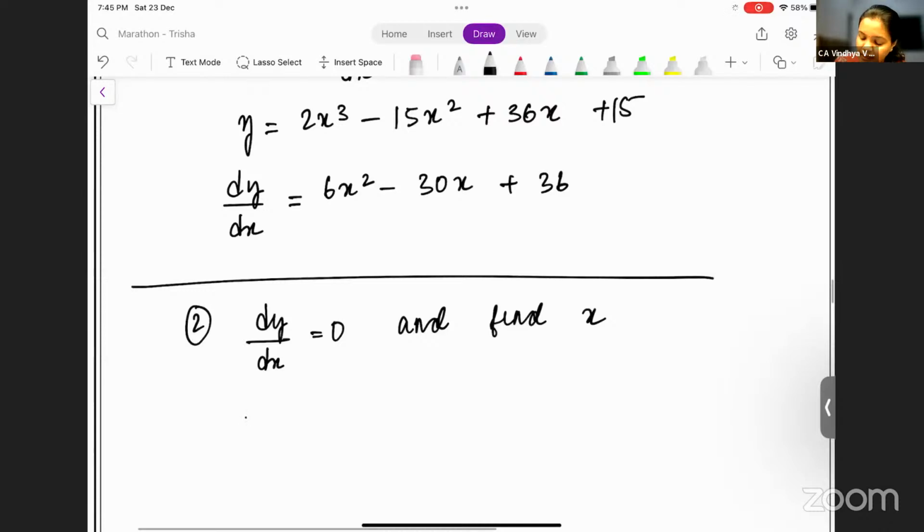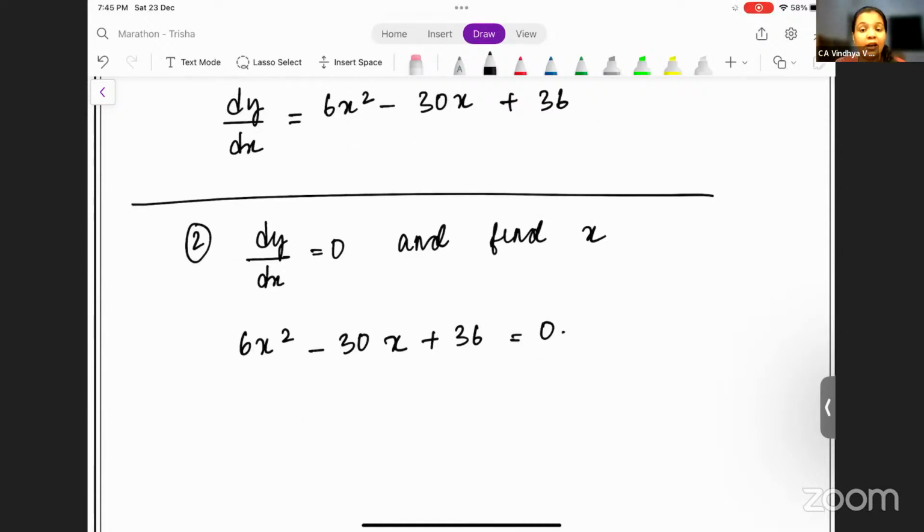So you get 6x² - 30x + 36 = 0. Now, when you simplify this, it's a quadratic equation, and when you solve this, you will get 2 values of x. That is, x is 3 and x is 2.